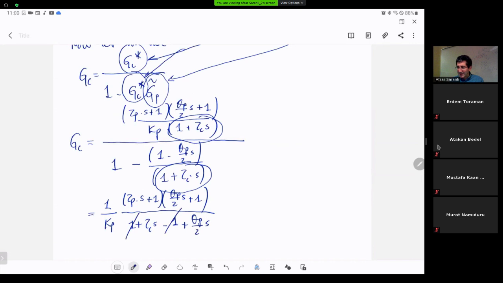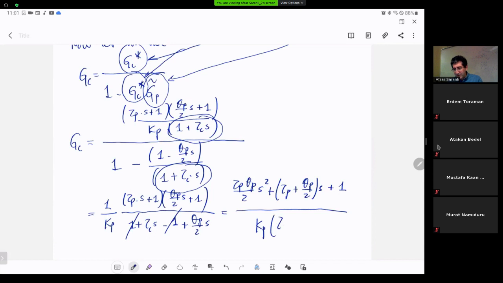These two terms cancel out. If I expand the numerator I get a second order polynomial, tau p theta p over 2 s squared, plus if I regroup the two terms, (tau p plus theta p over 2) s plus 1, and in the denominator I will have kp times (tau c plus theta p over 2) s.